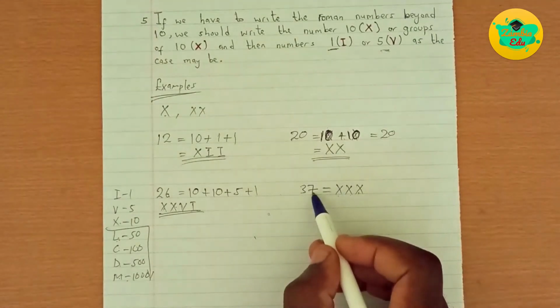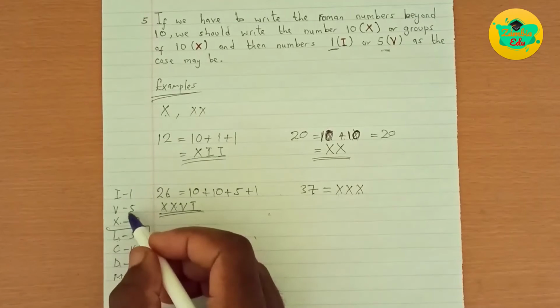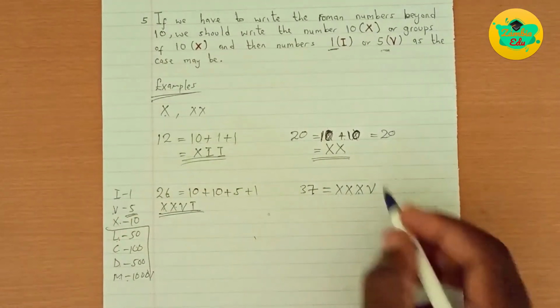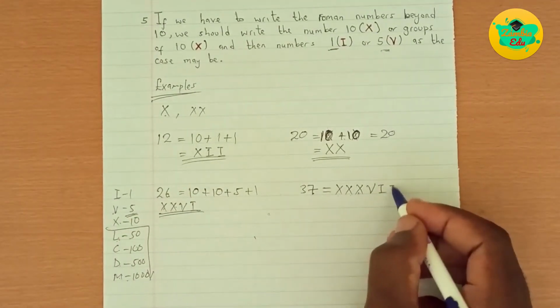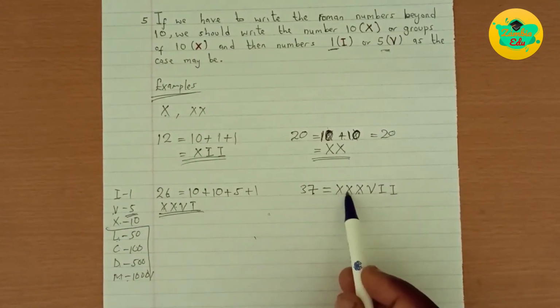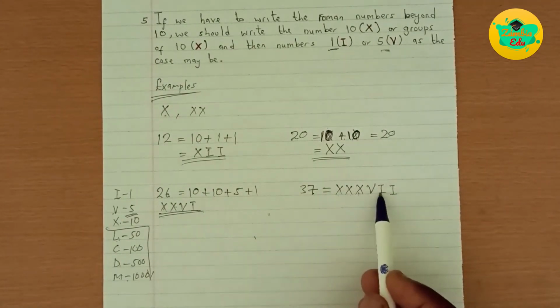How do we come up with the 7? We know V represents 5, so we can have a V there. And then I represents 1, so we can say 1 plus another 1. So 37 is XXXVII.